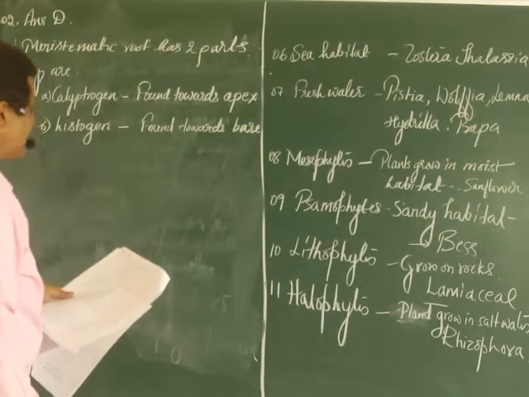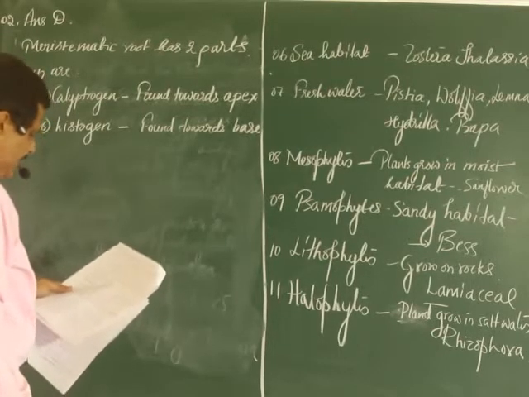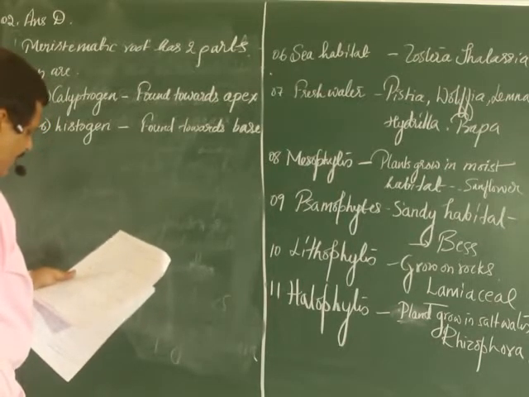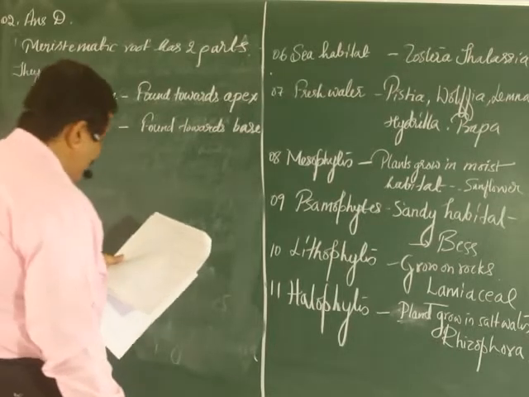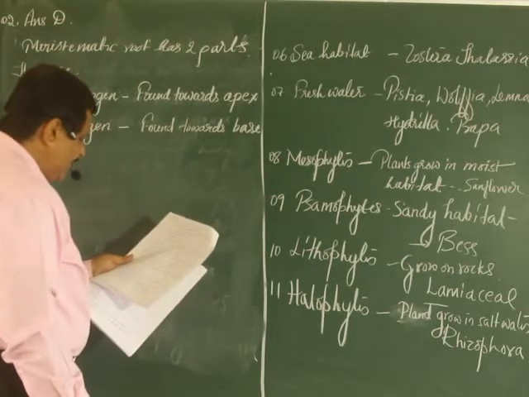Along with that, it has elongation region, cell maturation zone, then piliferous zone where root hairs will develop. Lateral root arises endogenously from taproot in acropetal succession. Then there are different types of roots.